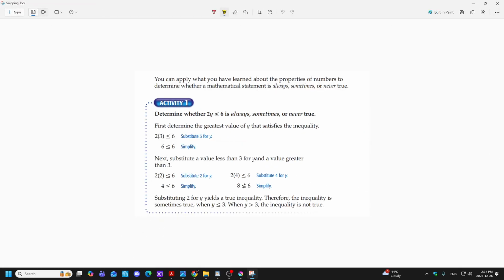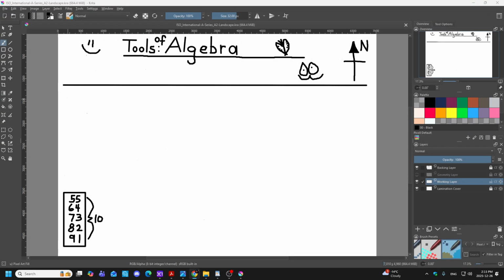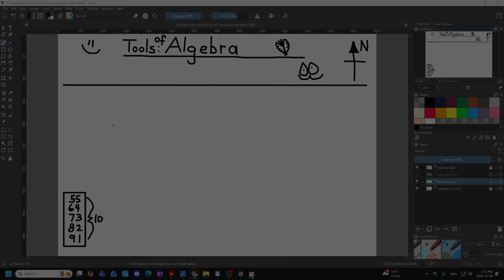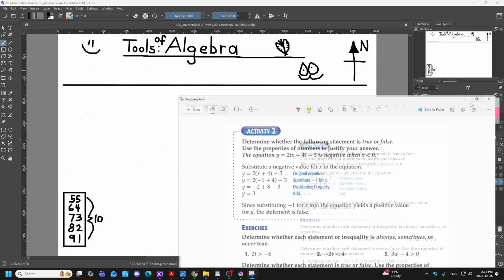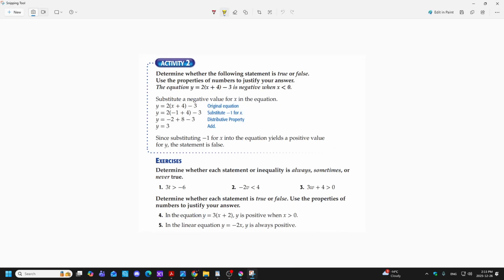Okay, logic and properties of numbers. And some exercises. Okay. That's an overview, I guess.